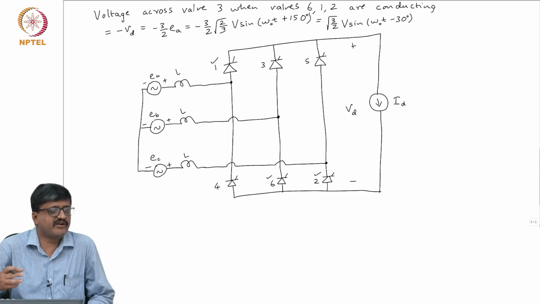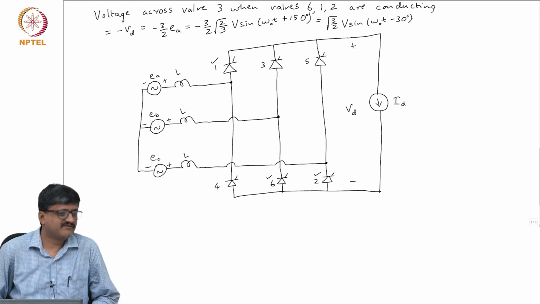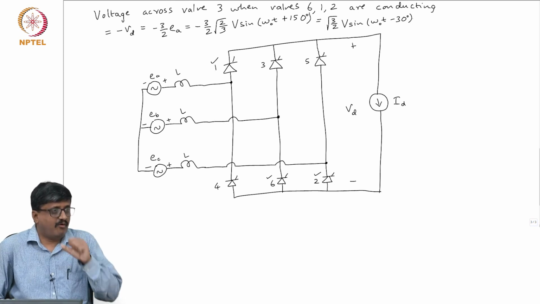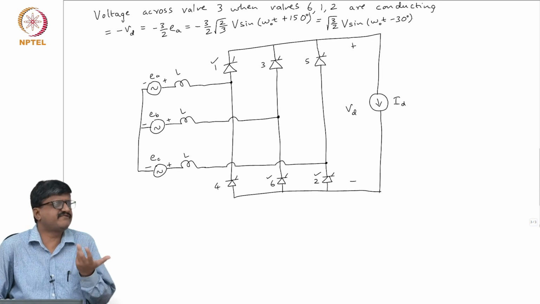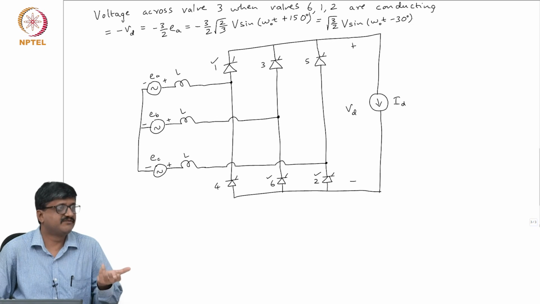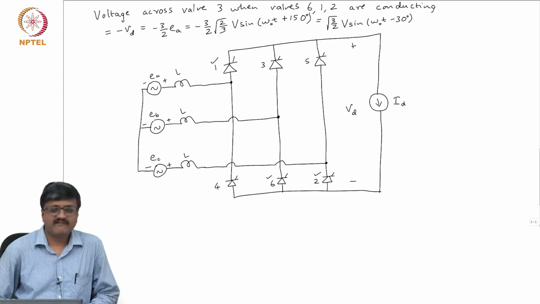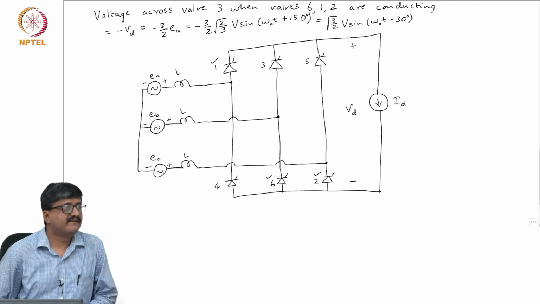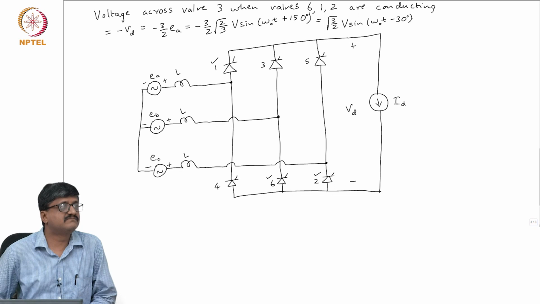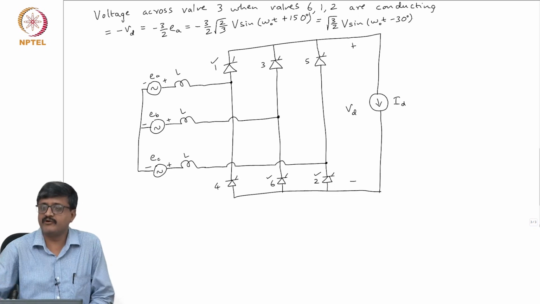I gave a hint, we are talking about the range of alpha. So, can alpha take a value say 10 degrees, 5 degrees? What is alpha? Alpha is the instant at which valve 3 is turned on. So, it should be greater than 30. See, when you want to turn on a valve, first of all it should be forward biased. So, the voltage across valve 3 will not be positive before omega OT is greater than 30.